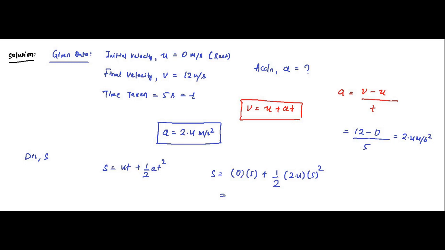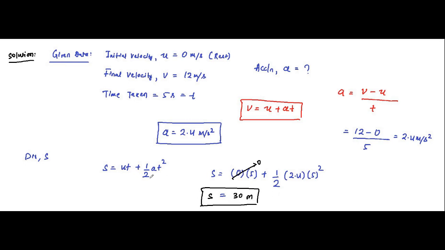This becomes 0, and half at square is coming around 30 meters. So the distance, the displacement in those 5 seconds, is equal to 30 meters.